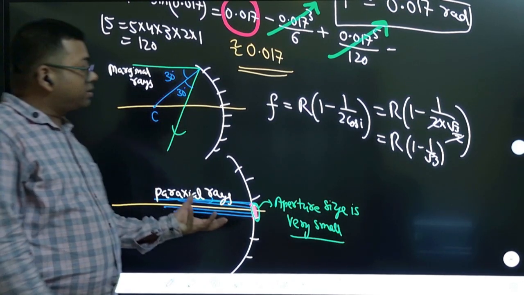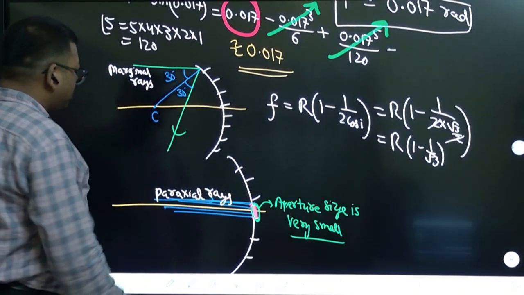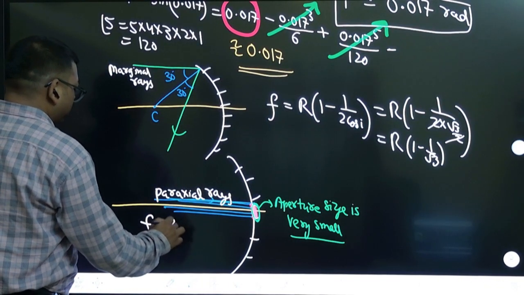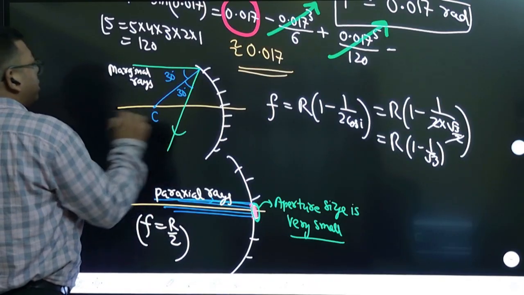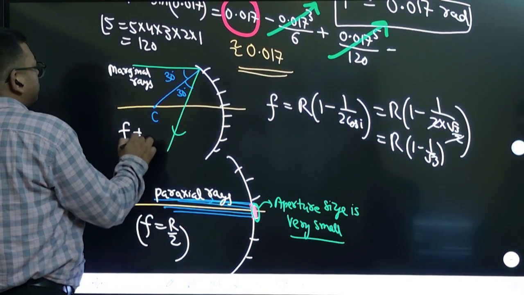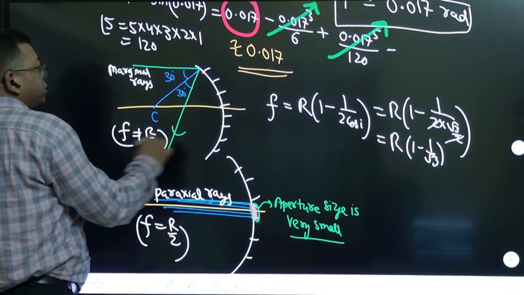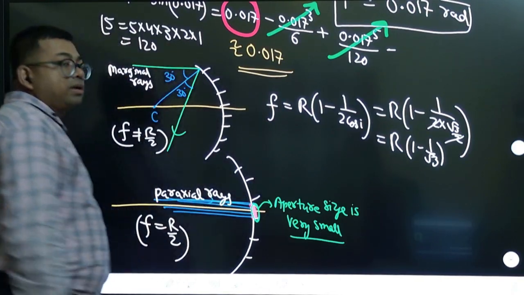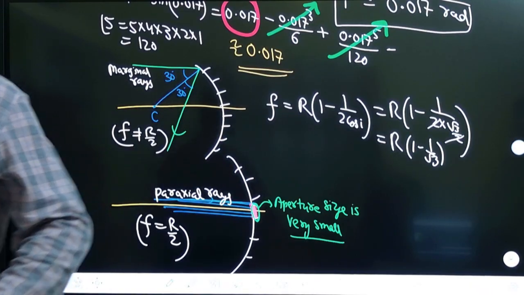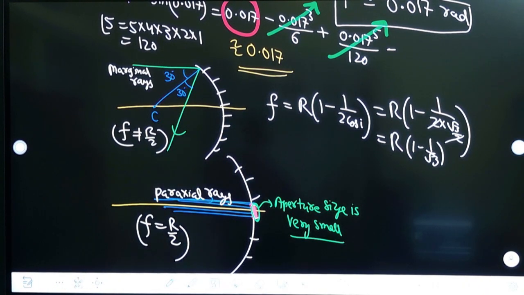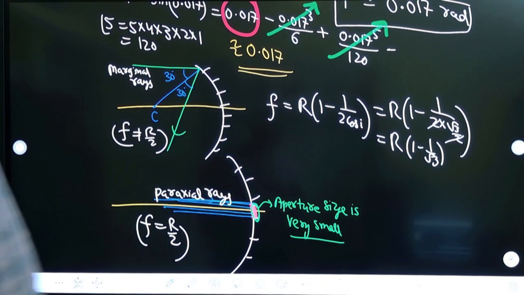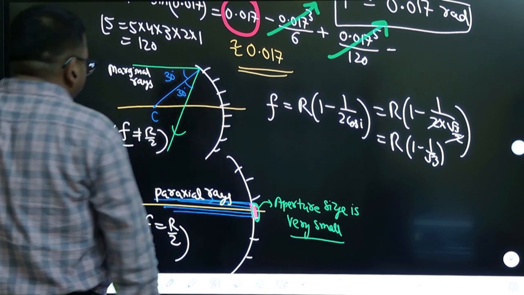Only for paraxial rays can we use f equal to r by 2. But here we cannot use f equal to r by 2. We have to use this formula for that. Are you clear about that? Okay, done.